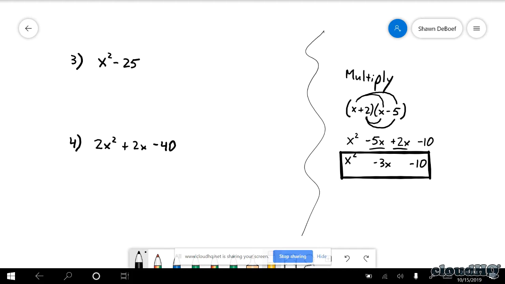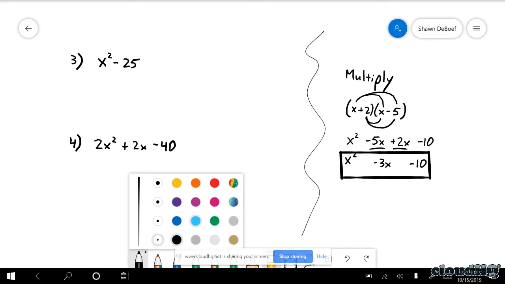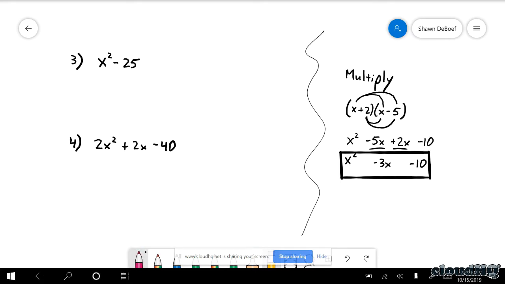And I want to point out, hopefully you got this drilled in when you were in algebra, but hopefully you remember that the constant, the -10, you got that as a result of multiplying the 2 and the -5 together.